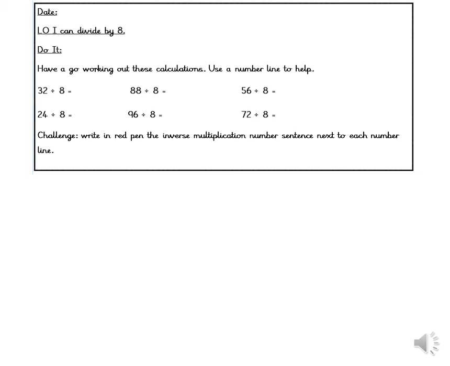It's important to know that method, because you will have some calculations that have got remainders and you won't necessarily be able to do those in your head. So do the number line for those, and then in a different colour pencil you can write the inverse. So for this one you would do 8 times whatever your answer was equals 32. Okay?